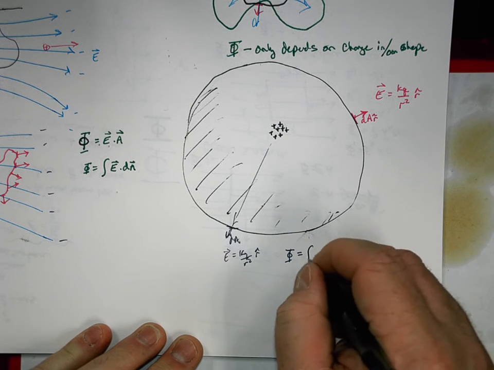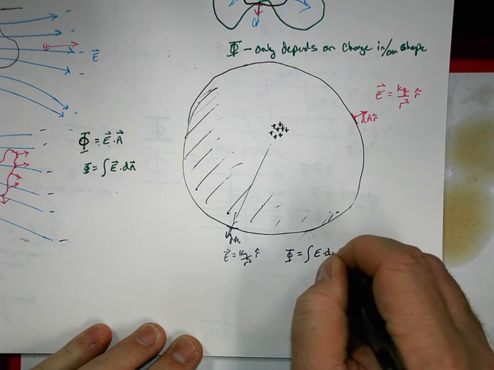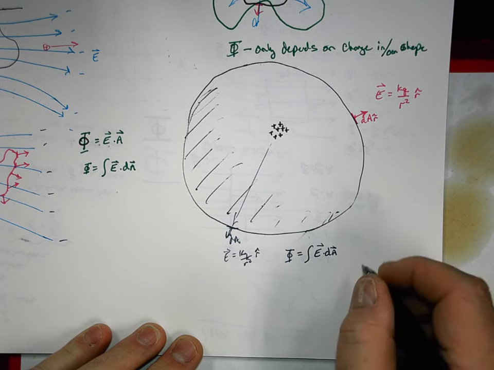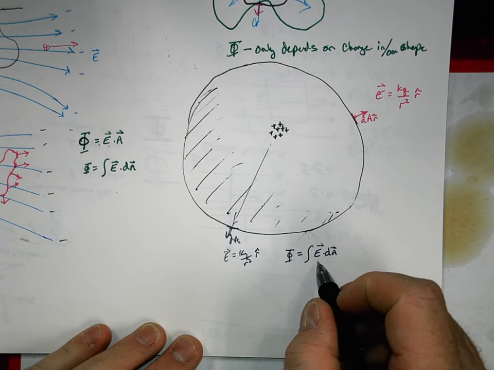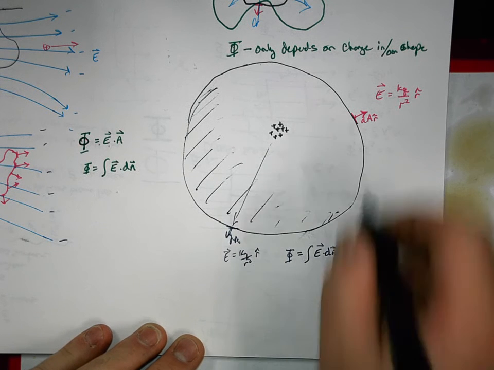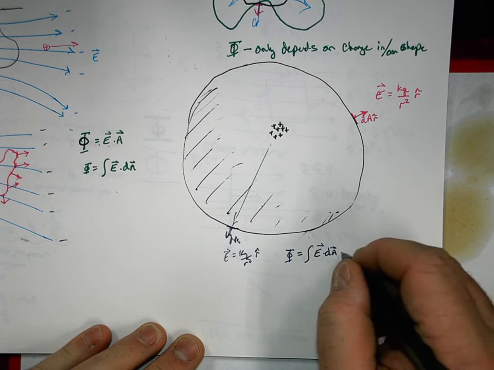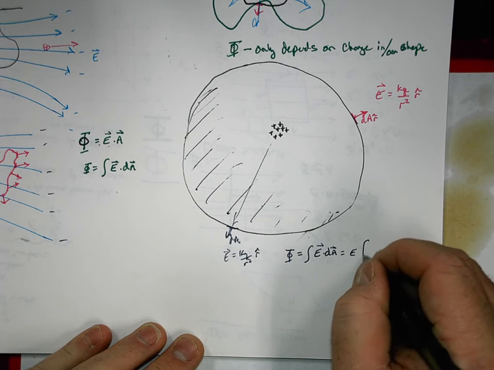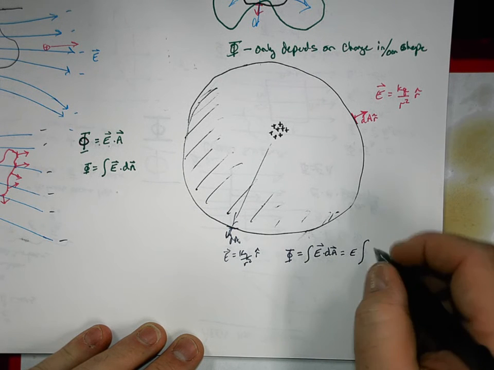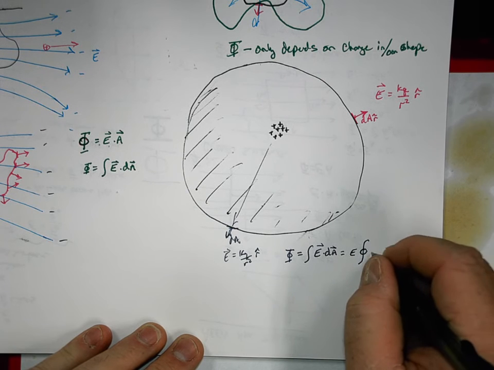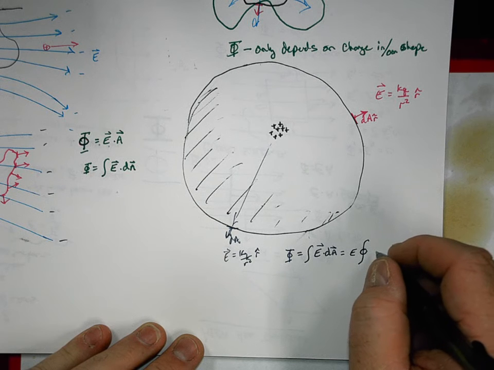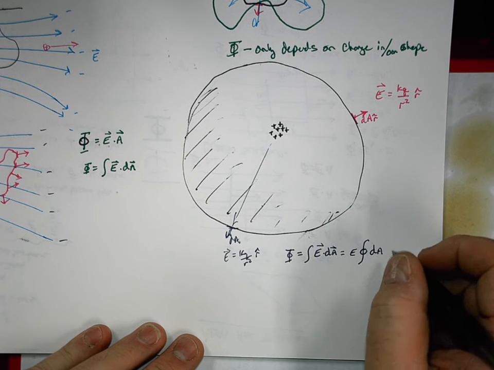So our flux equals the integral of E dot dA. Our E is going to be constant since it's a sphere, and we're always the same radius away from the center, so we can take that out. It's a closed surface, and so what is the dA?